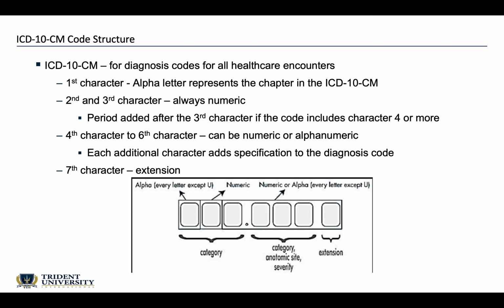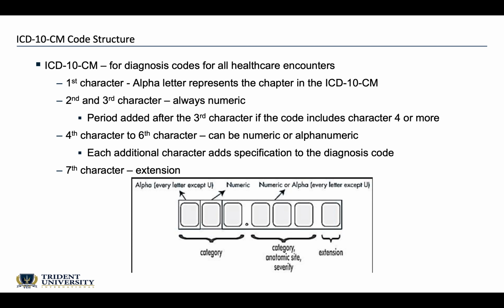The second and third characters are always numeric. None of them have alpha. A period is added after the third character if the code includes characters 4 or more. That's important. The minimum number of characters a code can have is 3.